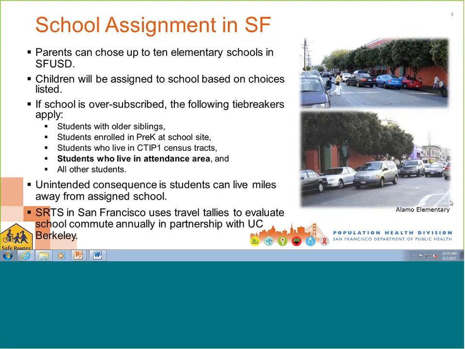But the unintended consequence is that we have some students that can live miles away from the school that they are attending. So when this assignment system happened, we partnered with UC Berkeley to do a regular school commute study to evaluate this, not only this assignment system, but our program.